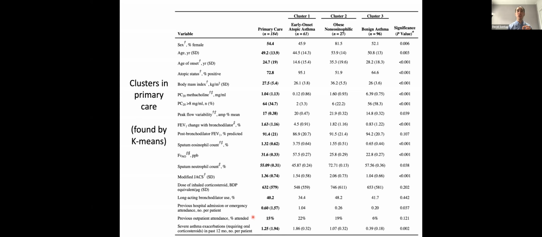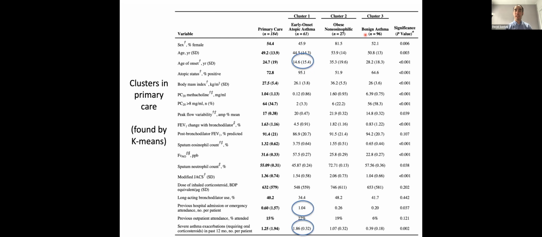We're also going to look at the variance of each of the features among the data points assigned to that cluster, and that's the number presented in the parentheses here. So we get 3 clusters out. The first cluster has 61 patients, the second cluster has 27 patients, and the third cluster has 96 patients. Let's start to analyze these clusters by looking at these features.